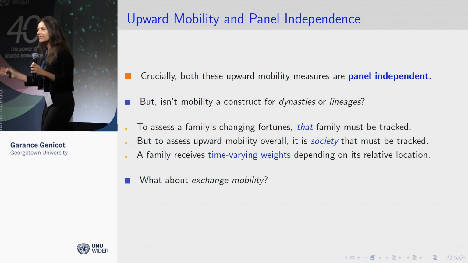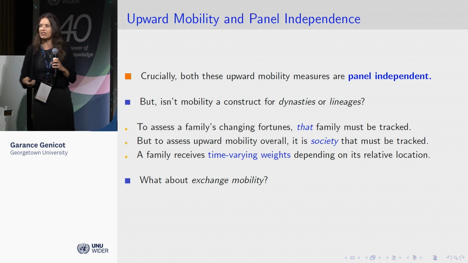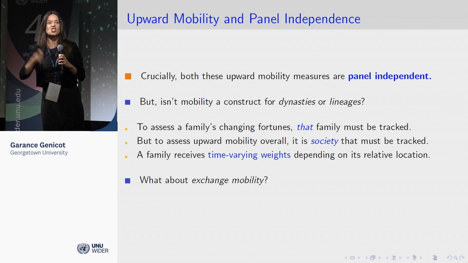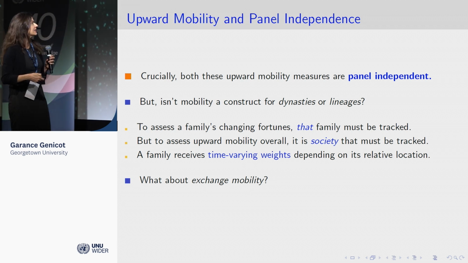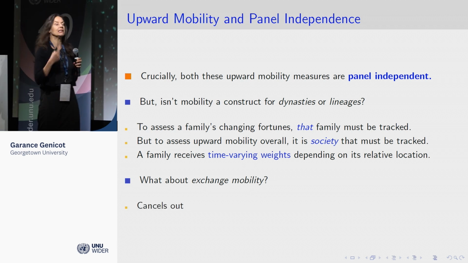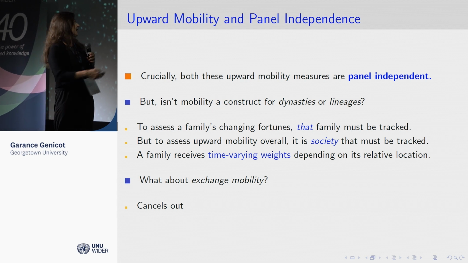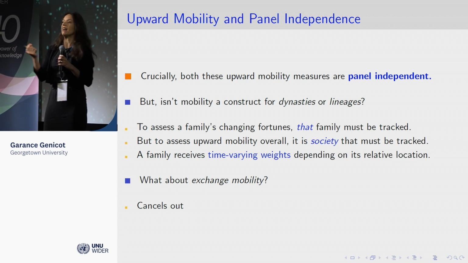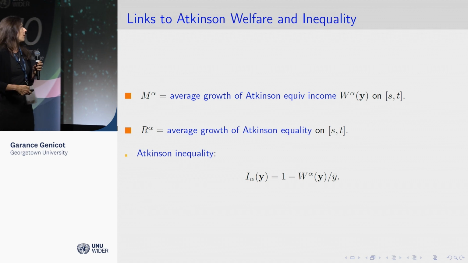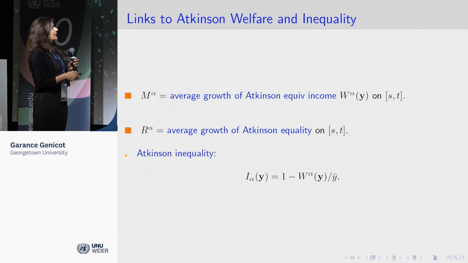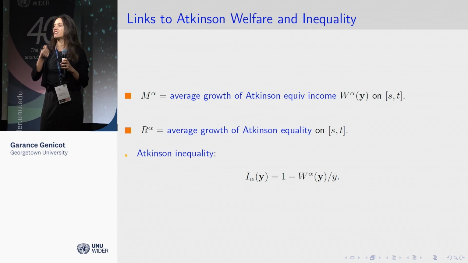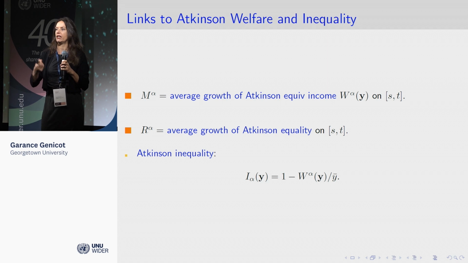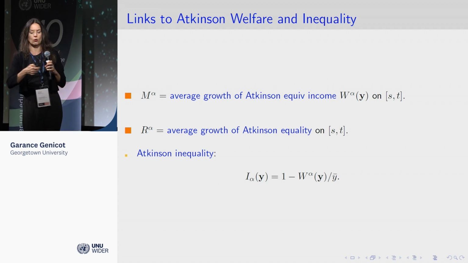But when you're assessing the upward mobility in the society, you want the weight to be changing with people's situation. And so in that case, you don't need panel data, and the exchange mobility is cancelling out from this measure. It's very much related to the Atkinson welfare, in the sense that the absolute upward mobility is essentially the continuous growth rate of an Atkinson measure of inequality.